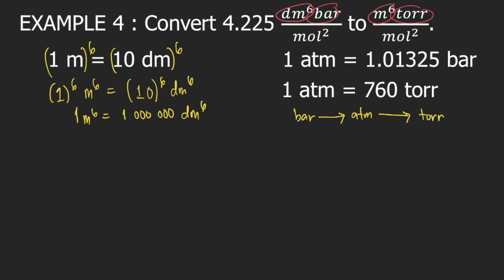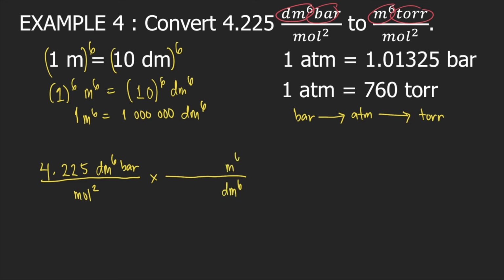So let's start the conversion. We start with the given 4.225 dm to the 6 bar per mole squared. To cancel dm6, we will put dm6 on the bottom and m to 6 on top.